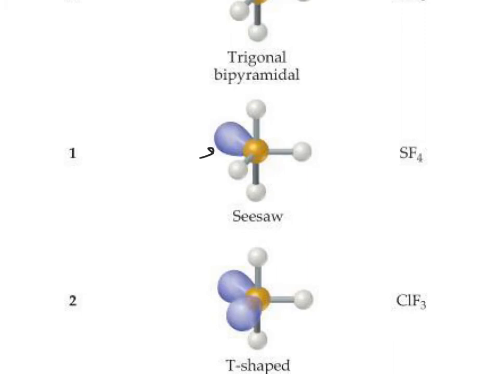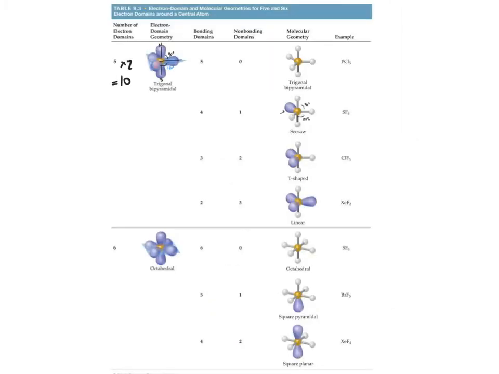And because of that, you still maintain this 90 degrees here, and you still maintain the 120 degrees here, and you will only remove a bond and replace it with a pair of electrons on that horizontal plane, the equatorial plane. So 4 bonds, once again, results in something called seesaw, as long as you have 4 bonds with 1 pair of electrons. Now replace another bond with another pair of electrons, and you get what is known as T-shaped.